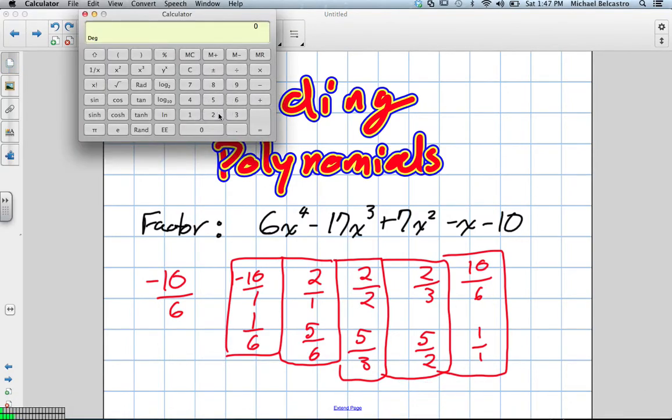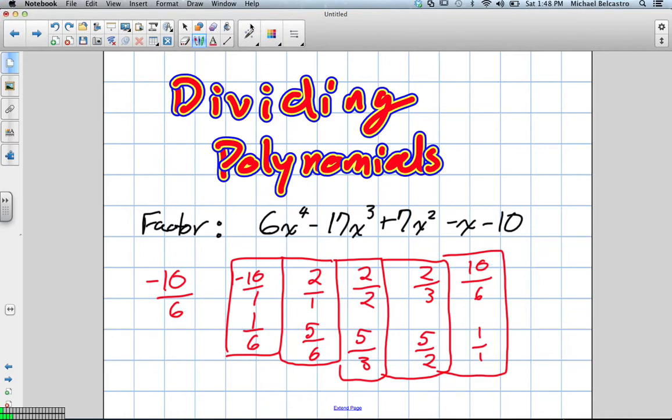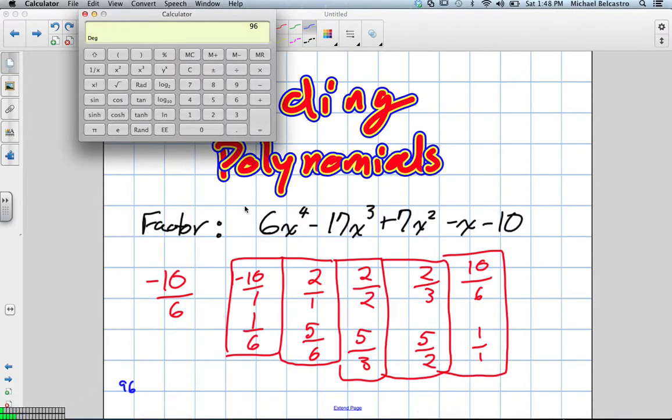That's going to be 2 to the power of 4 times 6. Okay, 96. So let's keep that in mind. Write that down. I'll write it down here. So we have 96, and then we're going to have 2 cubed times negative 17, which is negative 136.